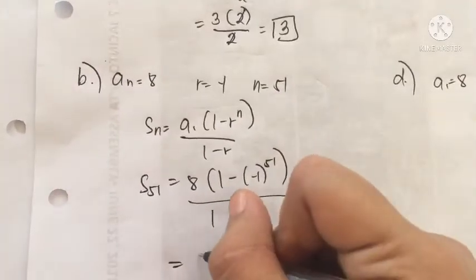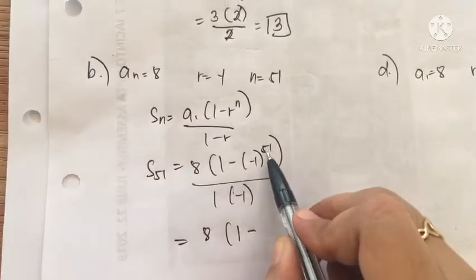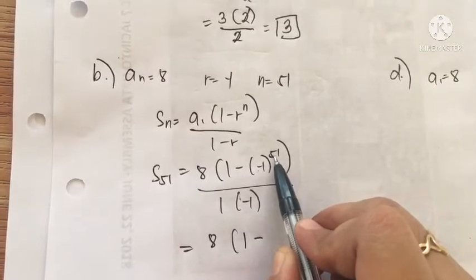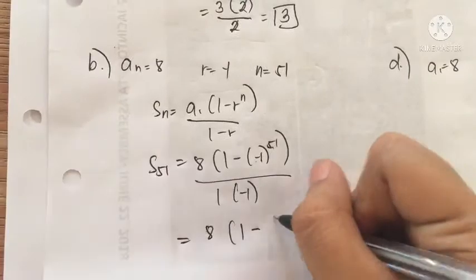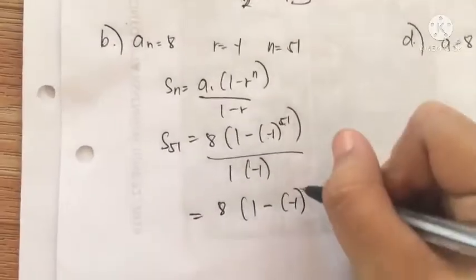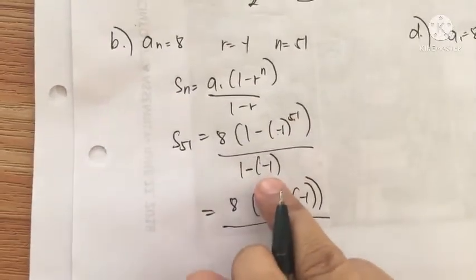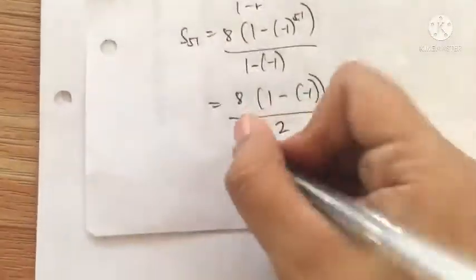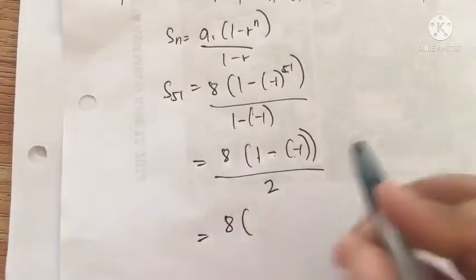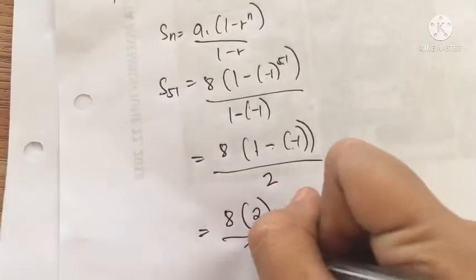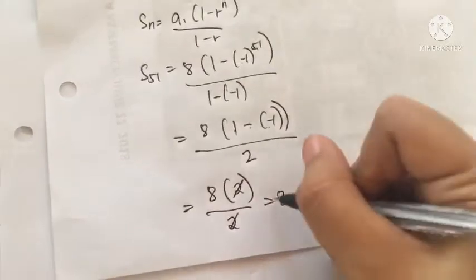Next natin, we have 8 times 1 minus negative 1 raised to 51. So, kapag add to, negative 1 times negative 1 times negative 1, ang sagot pa rin natin is negative 1 pa rin. Okay? Over 1 minus negative 1, ang sagot natin is 2. So, magiging 8. 1 minus negative 1, ang sagot natin is 2. Divided by 2, cancel na to. Ang sagot natin is 8.